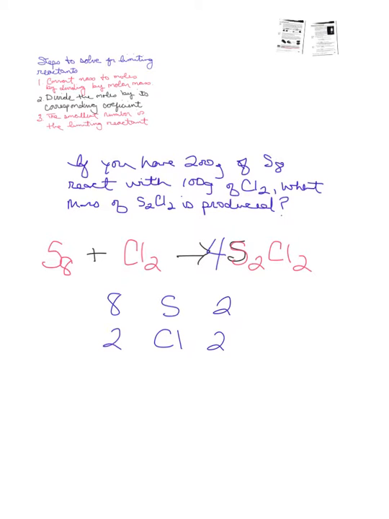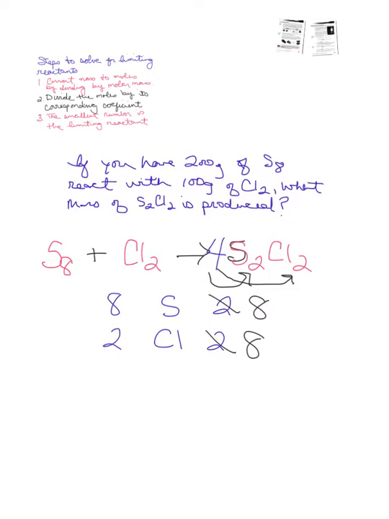Okay, so now that I have my 4 coefficient, 4 times 2 is 8, I have now 8 sulfur, but I also have now 8 chlorine.